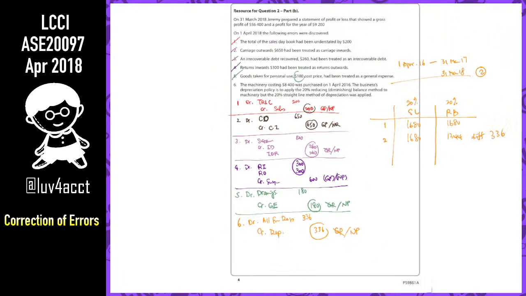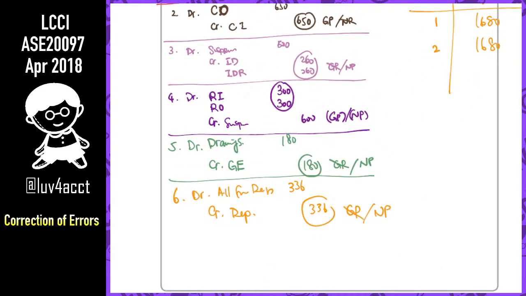Oh, one thing. It is treated as a general expenses. We have to do one more thing. Let me see.